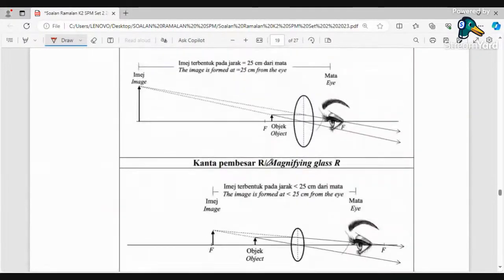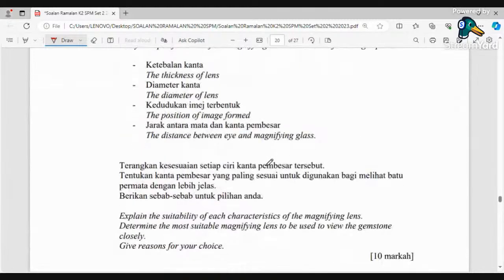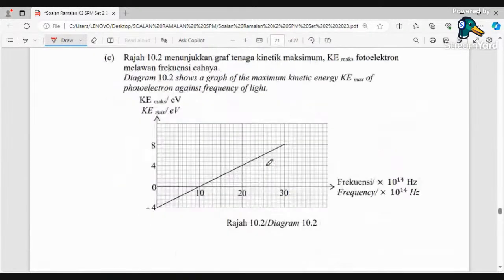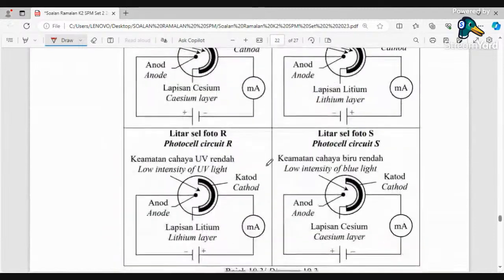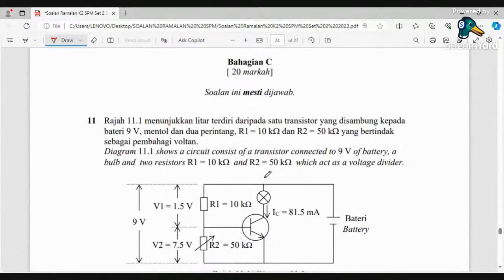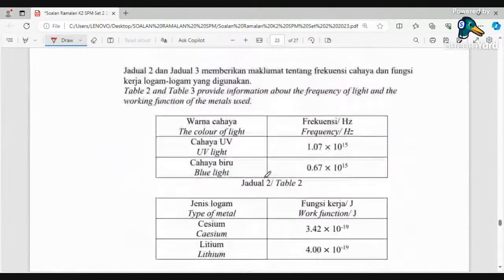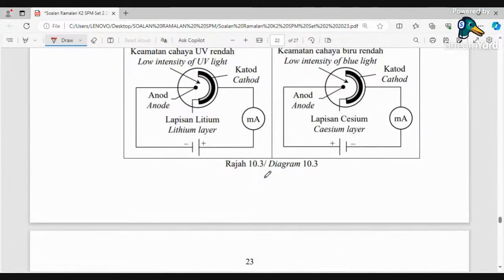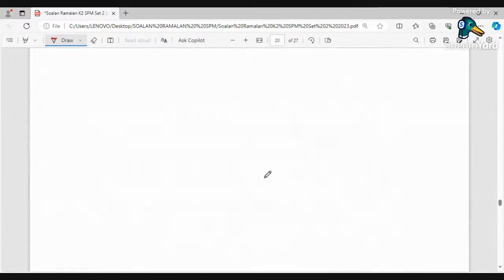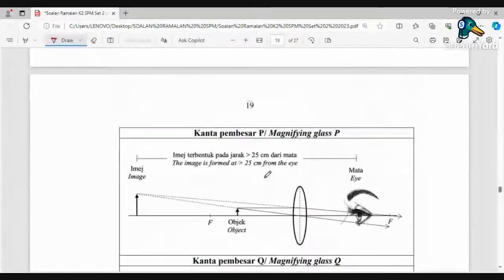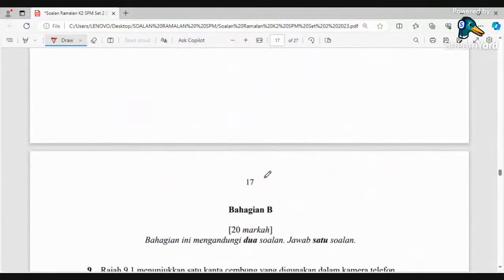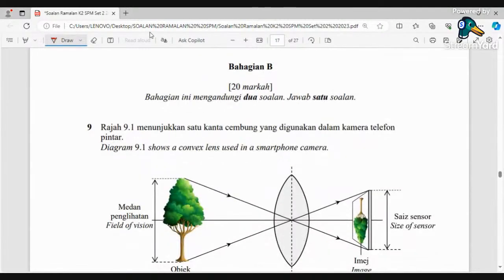Okay, tulis dekat ruang jawapan yang disediakan. Okay, jangan tulis bawah soalan. And then you expect the examiner will go and check your answer. No, you kena tulis dekat space yang betul. Nanti you lupa. Okay. Saya write down here sebab saya nak senang untuk refer pada soalan.